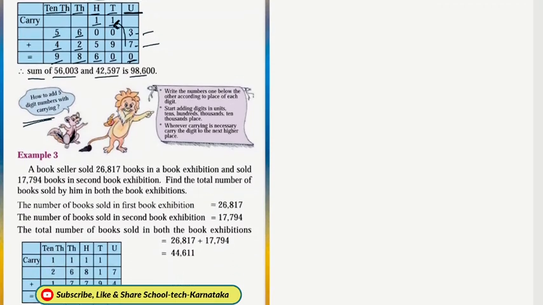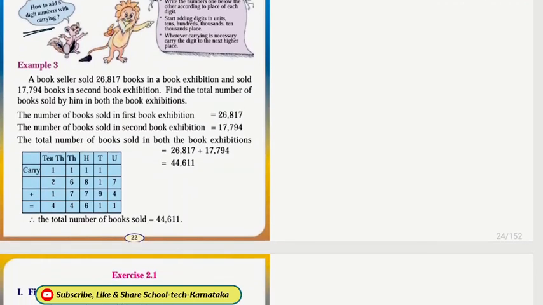Let's check with our example 3. What do we have in our example 3? A bookseller sold 26,817 books in a book exhibition and sold 17,794 books in second book exhibition. Find the total number of books sold by him in both the book exhibitions.